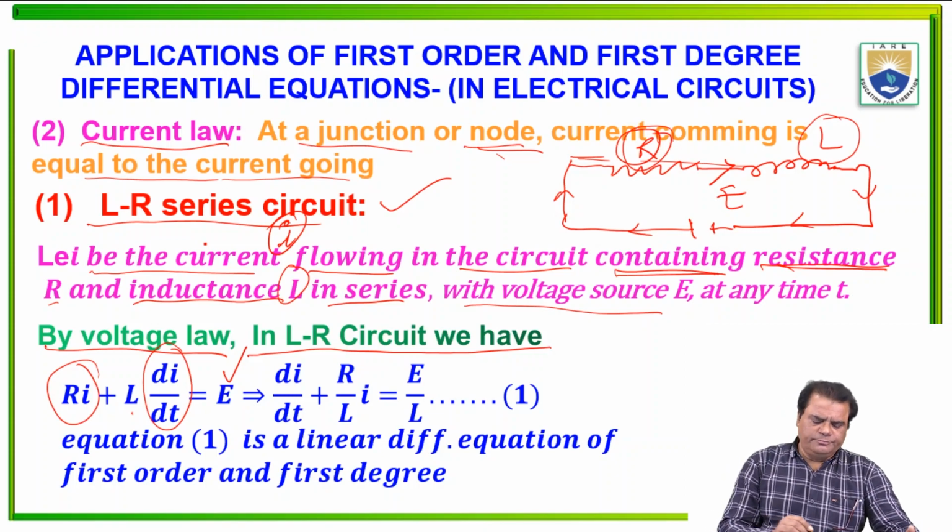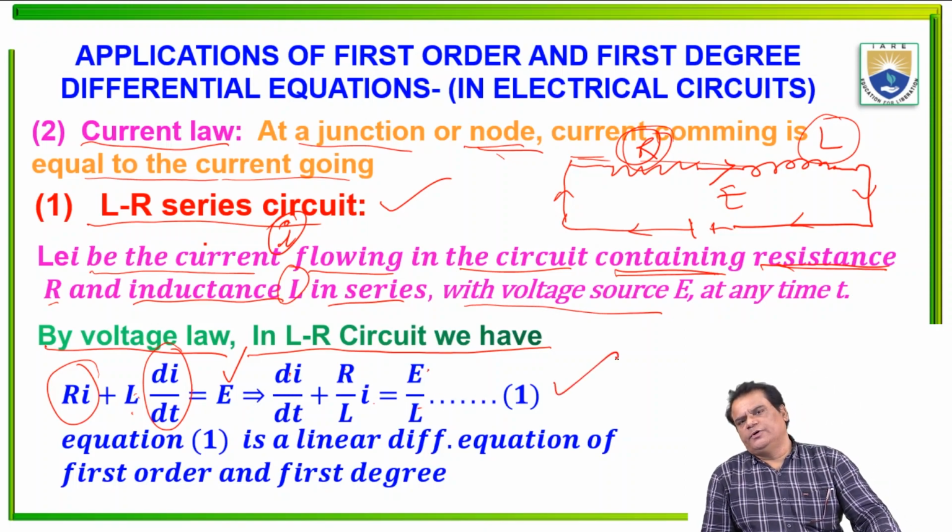Now dividing by L in each term we get di over dt plus R by L times I equal to E by L. This is equation 1.